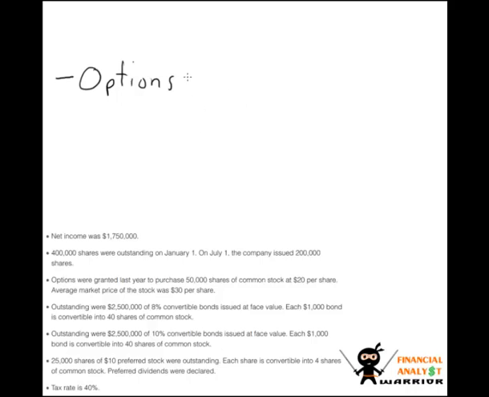These are options that are given to key employees. The difference is these options will issue new shares from the company's treasury. Now you have convertible preferred, which also can be dilutive, and convertible bonds that can be converted into new shares.